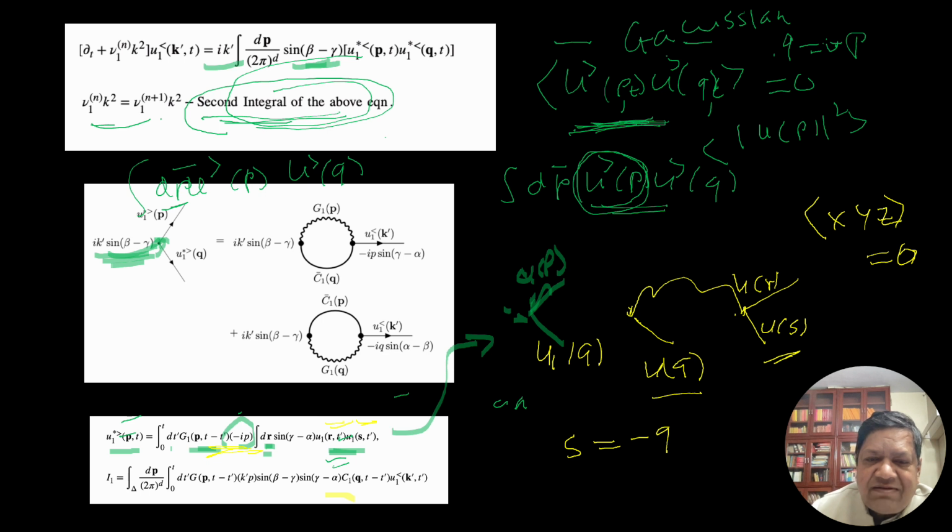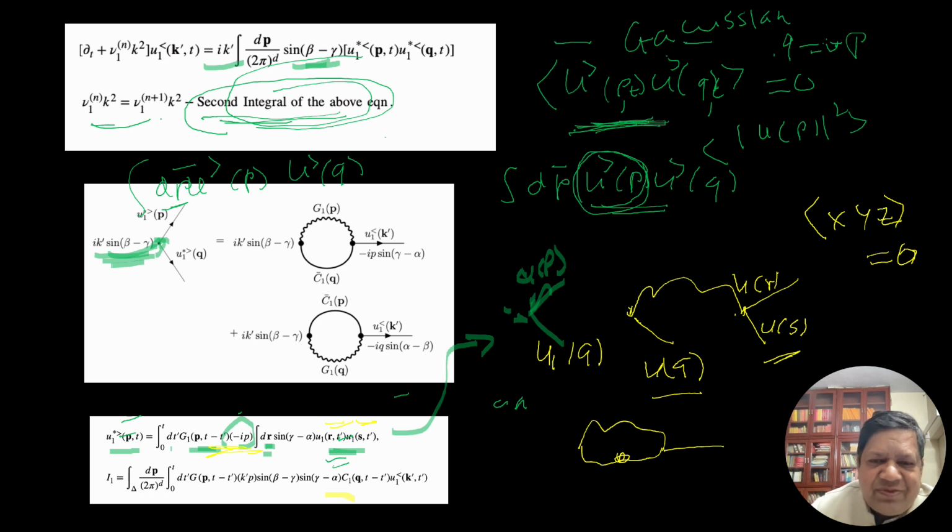If s equals minus q, for that particular case, let's get rid of this object. I can write it: these two guys come together and make a correlation function.